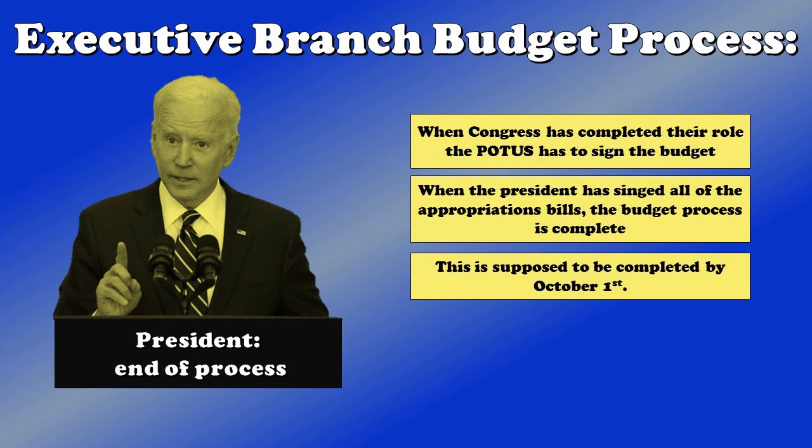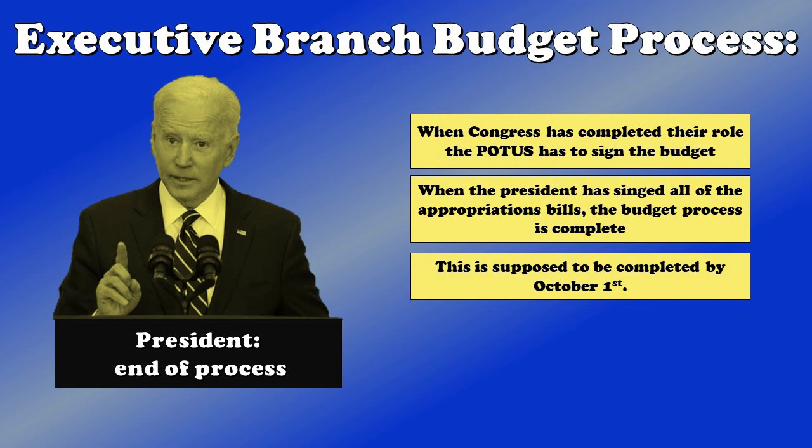At the end of the process, when Congress has completed their side of things, which we'll talk about in a minute, it's up to the president to sign. So the president will go through the budget that Congress has produced and make sure that it meets their same priorities, all the things that the president asked for. They're expecting to not get everything they want, but they want to make sure that it's not wildly far away from what they suggested.